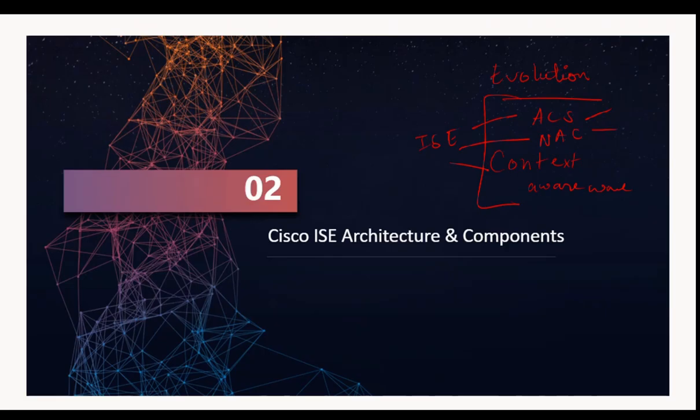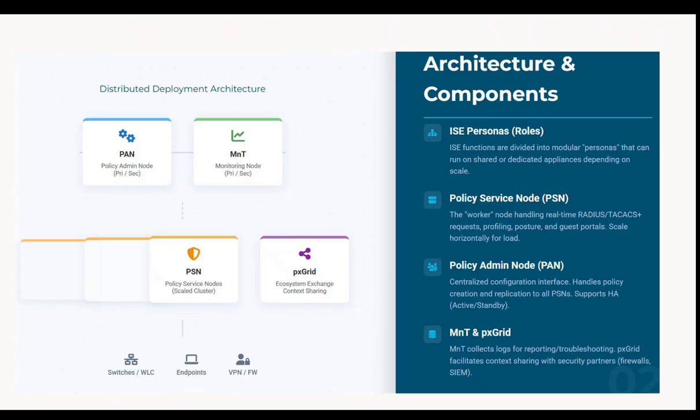Now, the architecture of ISE and its components, let's talk about that. In the architecture, your organization's leadership has approved the business use case, for example, for using Identity Services Engine as the core solution for implementing the zero trust security model. The focus now shifts from why you need ISE to how to deploy it. As a security engineer, you are now responsible for designing a resilient, scalable, global Cisco ISE architecture, and your challenge is to understand ISE and design its architecture.